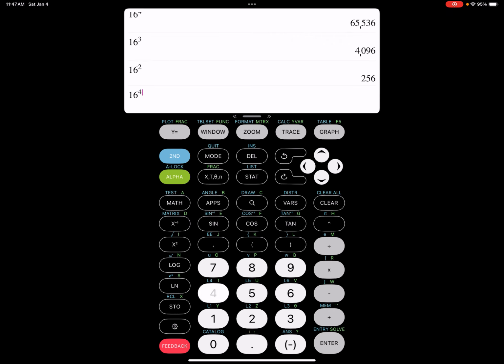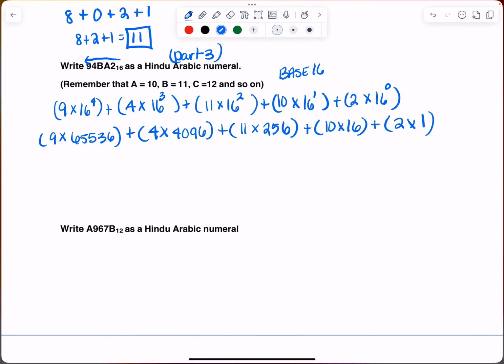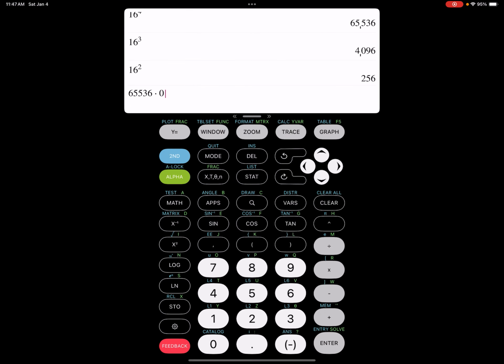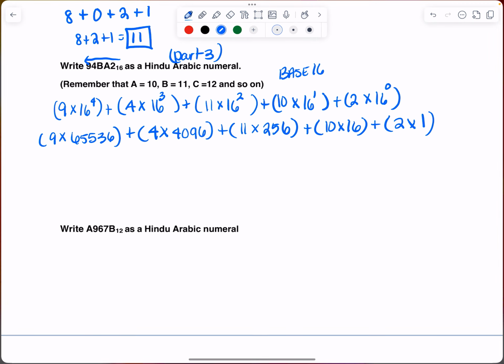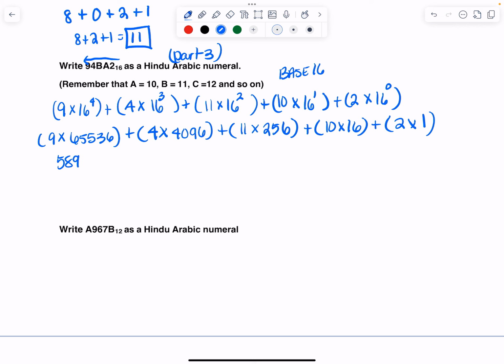So 16 to the 4th, times 65,536 times, and that first value, I have to go back and check it again. It's 9, so 9 times that equals 589,824.